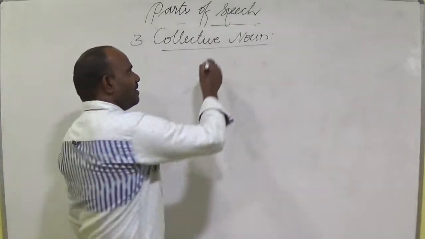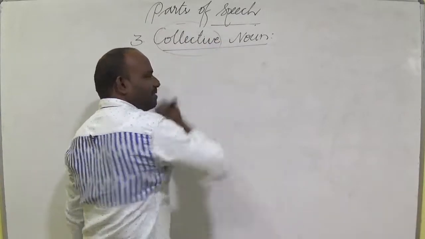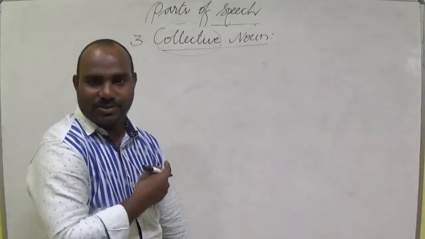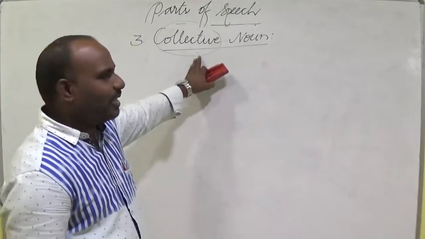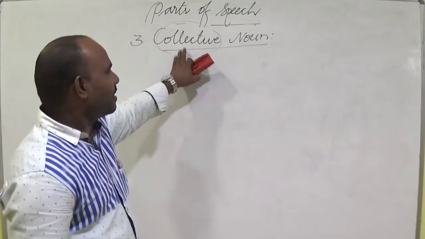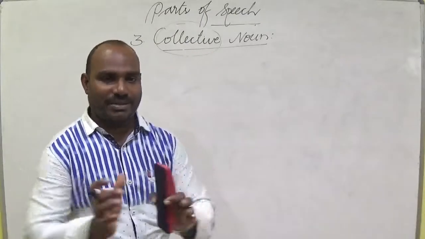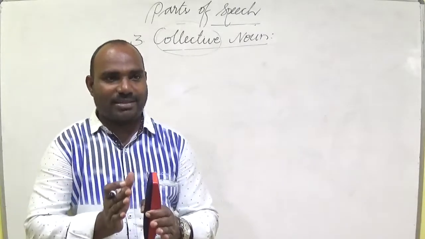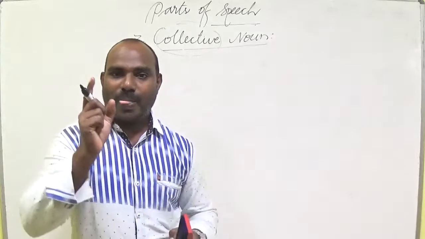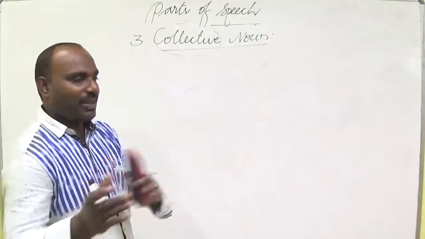Collective noun. Collection means a group of things. A group of things or people come together at one place and are used as a whole, as one. That is a collective noun.